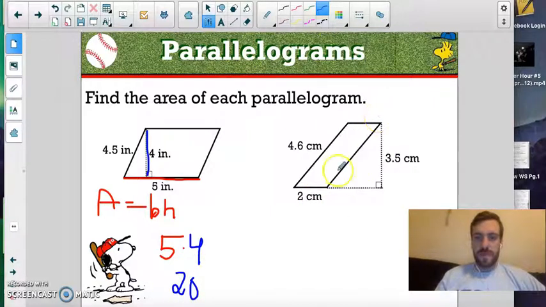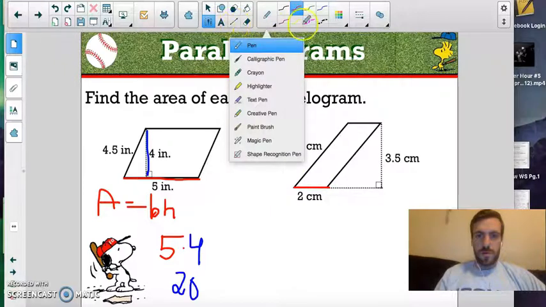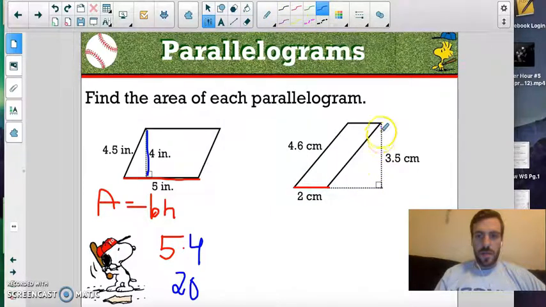Nice. Now here, this is when we have the height outside. So the base here is going to be 2, and the height here is going to be 3.5. I should have probably used the same colors. Hold on. Can I erase? Ah, yes I can. So let's try that again. Base and height.